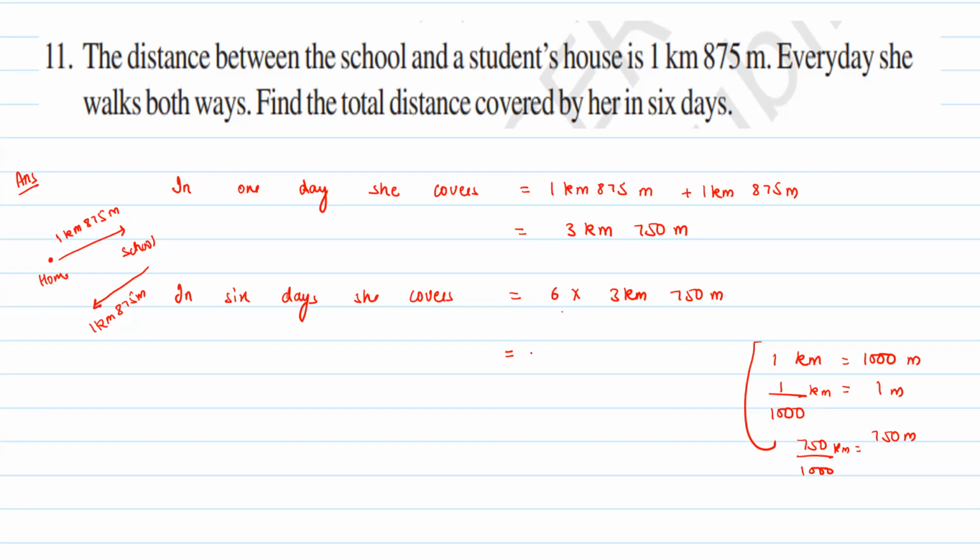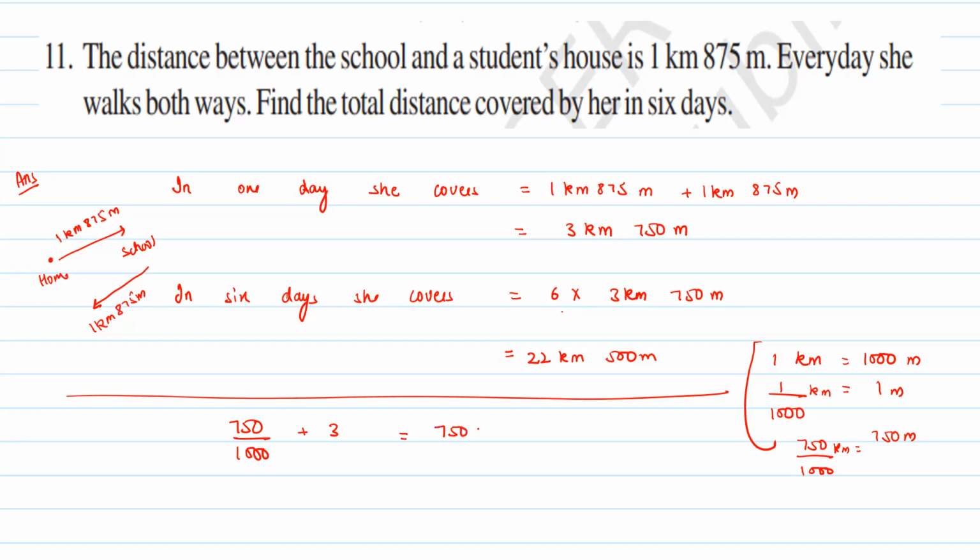So I'm writing it here. It will be 3.750 multiplied by 6, which will give us 22 kilometers 500 meters. How did I do it? Let me tell you in the rough work downside. I have done 750 by 1000 plus 3, this is the kilometer. So it comes out to be 750 plus 3000 by 1000, which is 3750 by 1000 kilometers into 6.